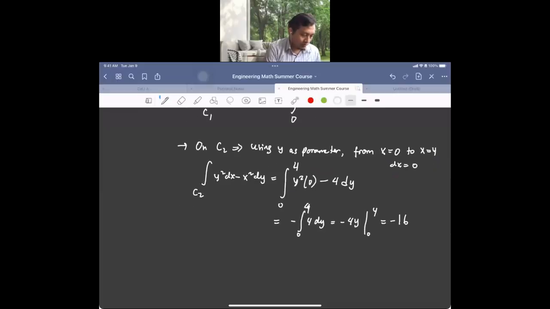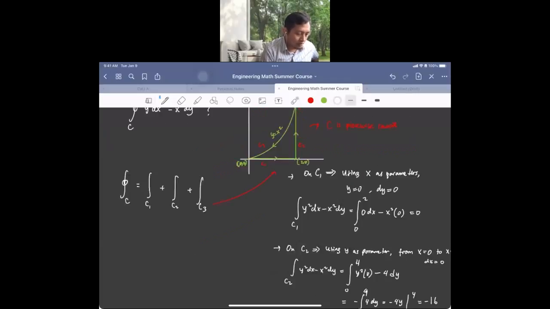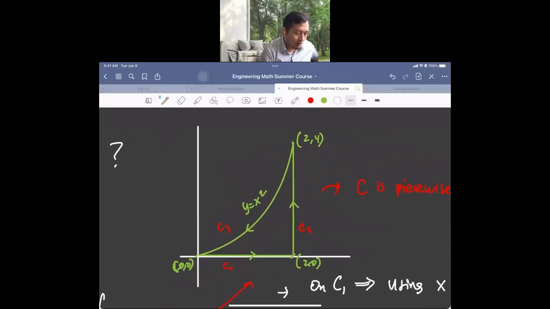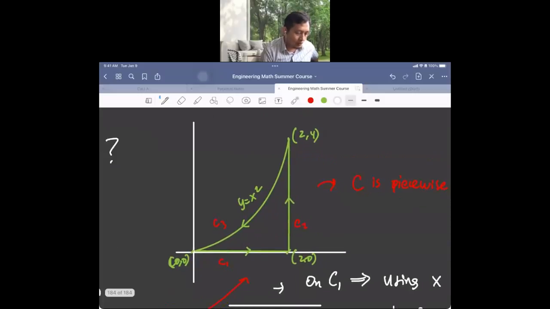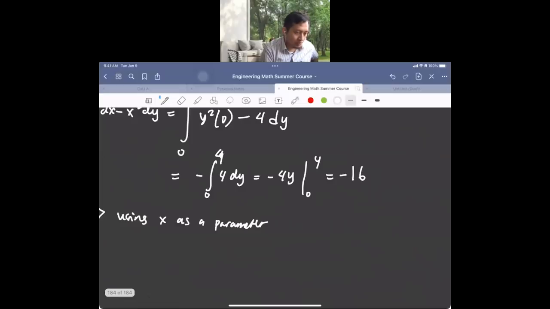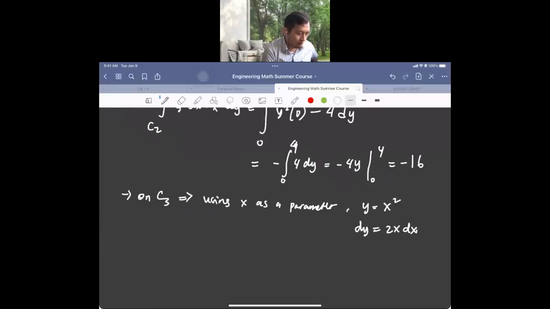Okay, negative 16. And then the last curve is C3. On C3, let's just use x as parameter. Actually, you can also use y, but let me just use x as parameter. From y equal x squared, we can get dy. So y equal x squared, so dy is 2x dx.